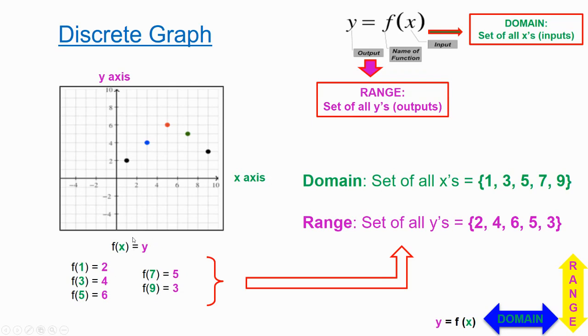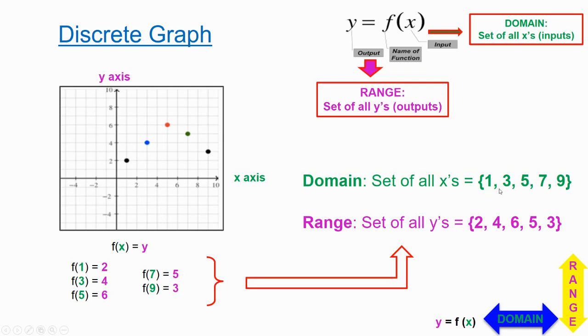In the same scenario, what are all the y's? What is the range? Well, all the purple numbers, all the outputs. For the answer, the y for 1 is 2. For 3, it's 4, 6, 5, 3. Notice that when I'm just listing the answers, I don't necessarily write them in number order.